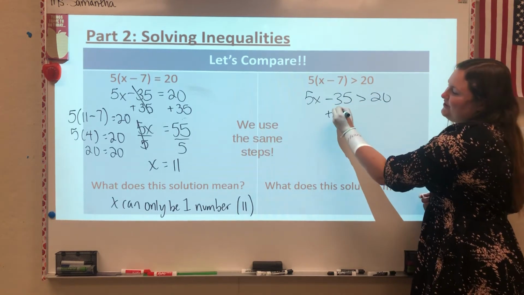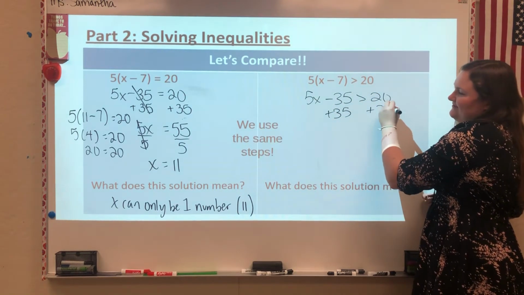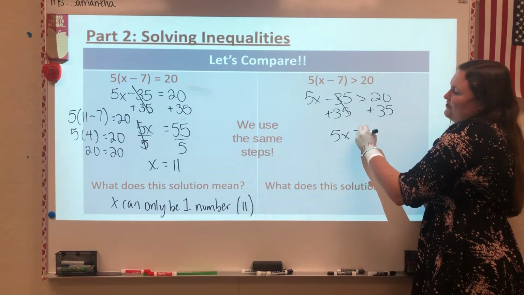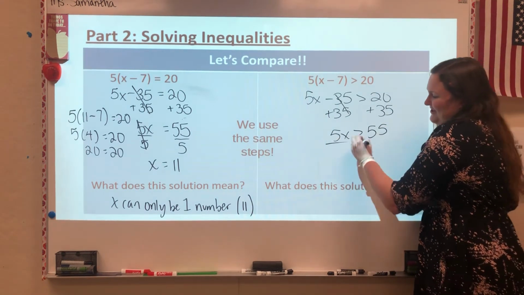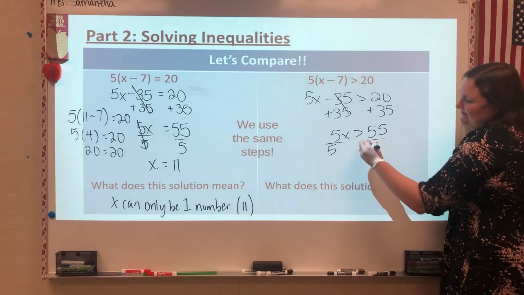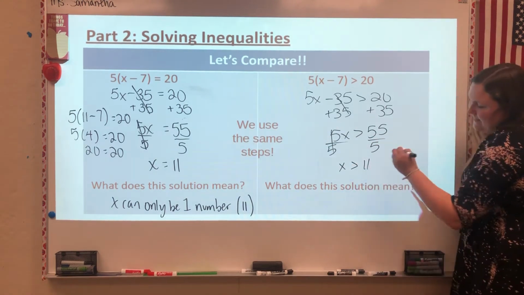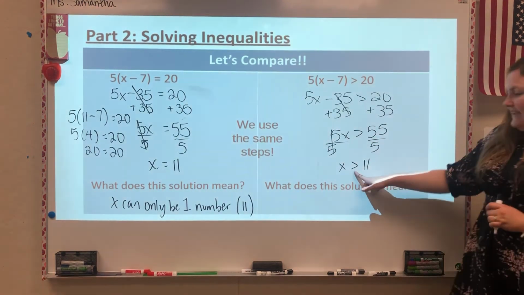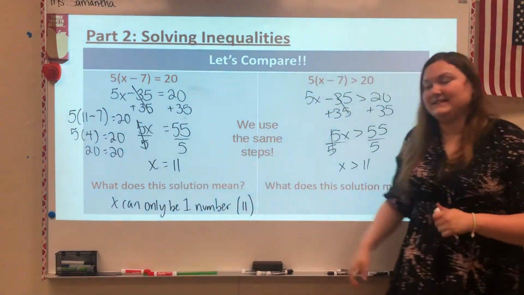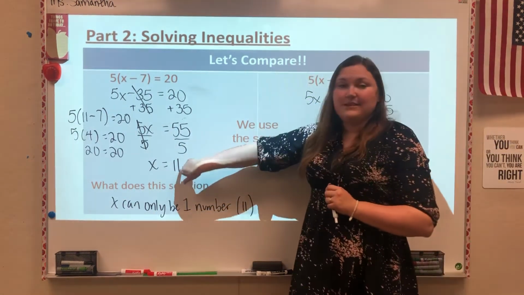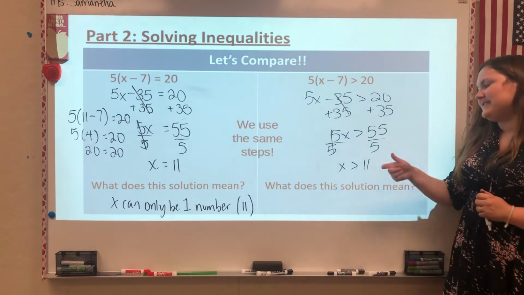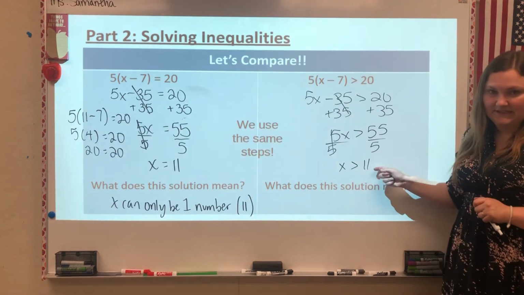Just like the equation, you would add your constant on both sides. Just like your equation, you would divide by 5 on both sides. The only difference is what sign is between that x and 11. Here we were saying x equals 11, but for this problem we're saying x is greater than 11.